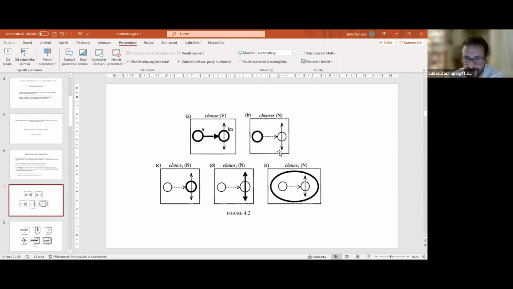But this is not in the spotlight, only the agent, the so-called trajector.